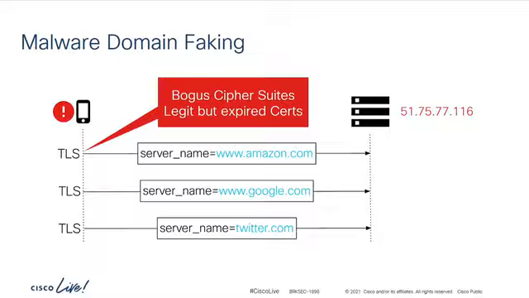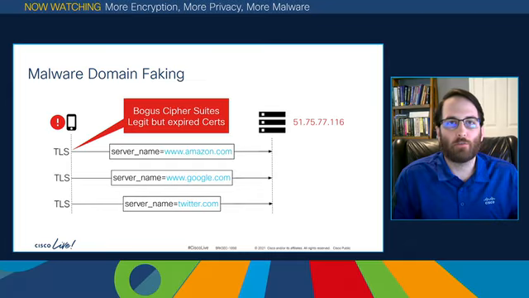Then when the server responded, the selected cipher suite not only did not map to any known cipher suite codes, but it also wasn't in the offered list. And finally, the server responded with a certificate that did match the server name. So if the client requested Amazon.com, the server would respond with an Amazon.com certificate, but it was expired. Taking all of these facts into consideration, single session domain faking identification is relatively easy.